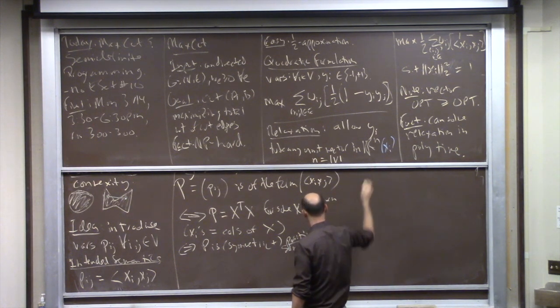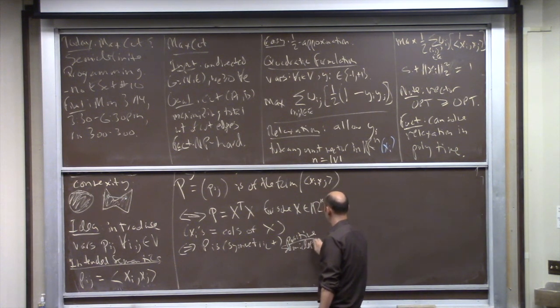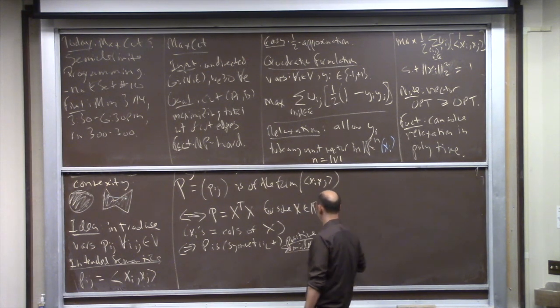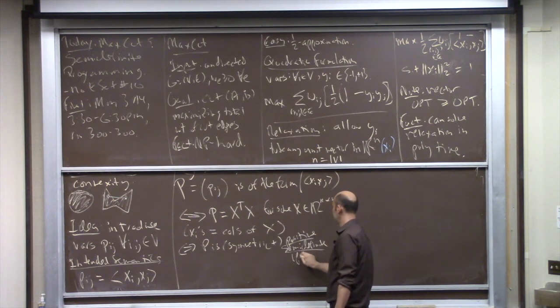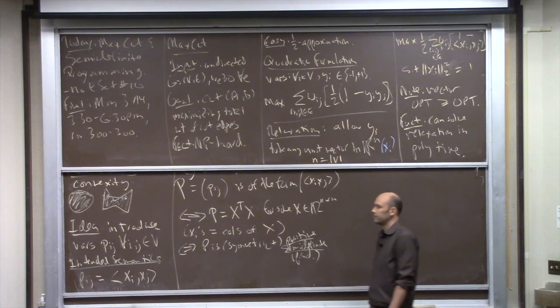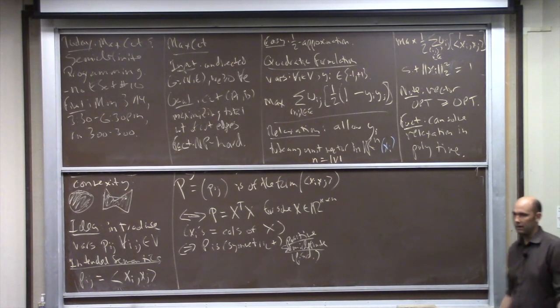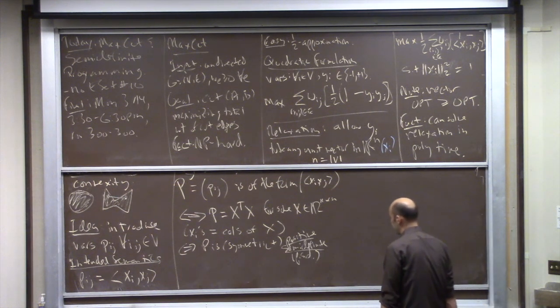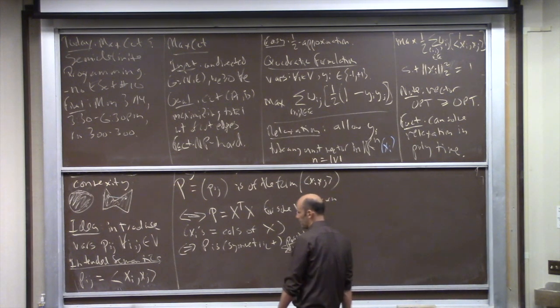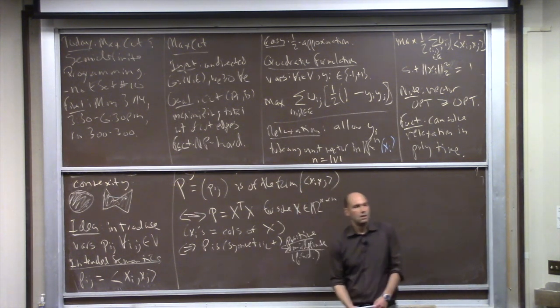And this is where the semidefinite programming terminology comes from. So positive semidefinite matrices are these squares, which can be written as x transpose x. Or equivalently, they're matrices of inner products of vectors.